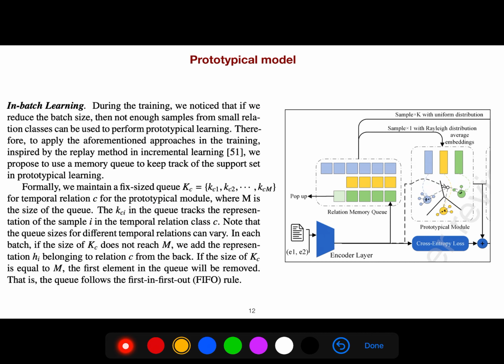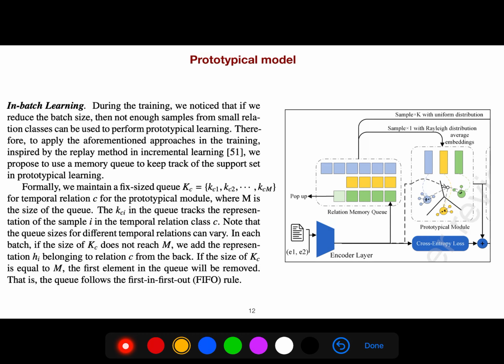And for in-batch learning, during the training, we noticed that if we reduce the batch size, then not enough samples from small relation classes can be used to perform prototypical learning. Therefore, to apply the aforementioned approaches in training, inspired by the replay method in incremental learning, we propose to use a memory queue to keep track of the support set in the prototypical learning.